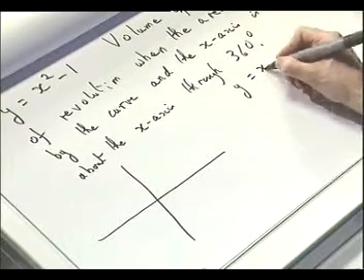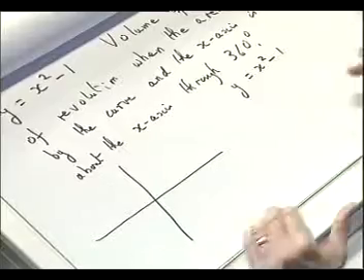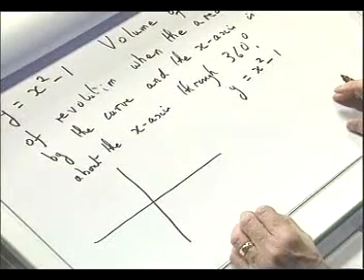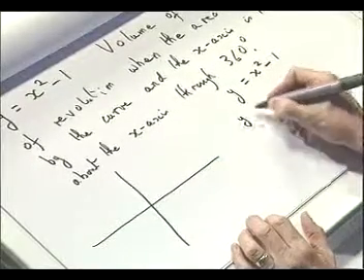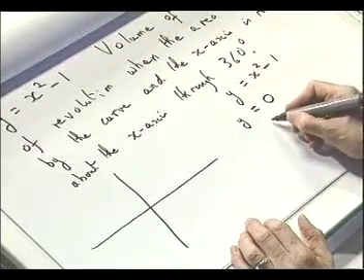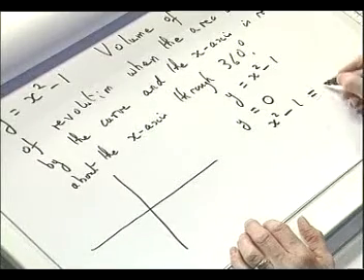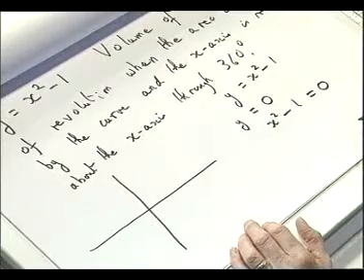One of the things that will be useful to know is where does it actually cross the x-axis? So in order to do that, on the x-axis, we know that y equals 0. So let's write that down. Y is 0, so x squared minus 1 must be 0, where it crosses the x-axis.